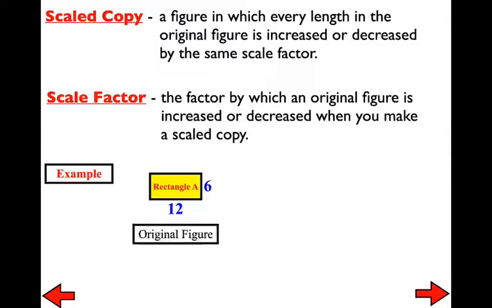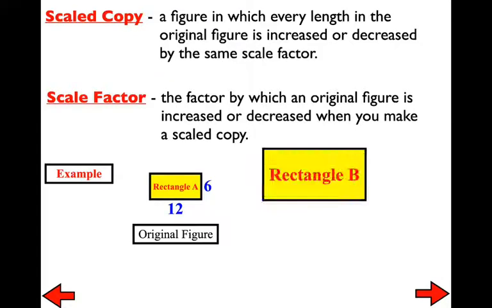And then we have rectangle B. Rectangle A is the original figure. We're going to apply some scale factor to rectangle A to create what we call a scaled copy. Rectangle B is the scaled copy by a specific scale factor.